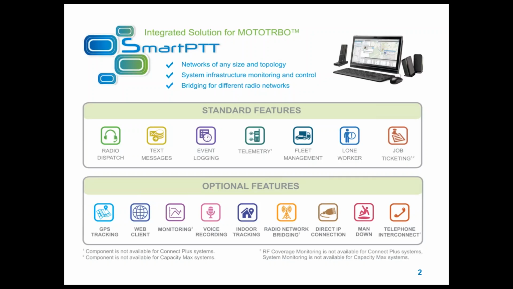It's an option. But for the older radios, the first generation and the second generation radios, we offer man-down firmware for the generic option board or GOB inside the radio. And finally, we do support telephone interconnect functionality so that radio subscribers can make and receive telephone calls.